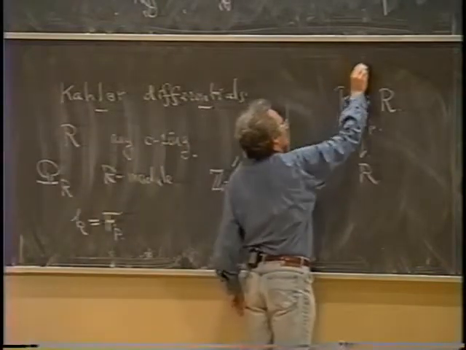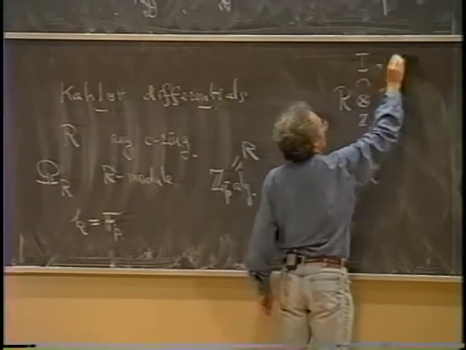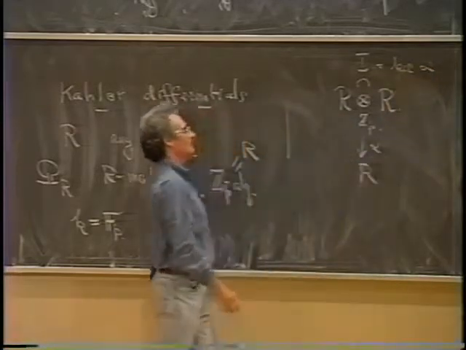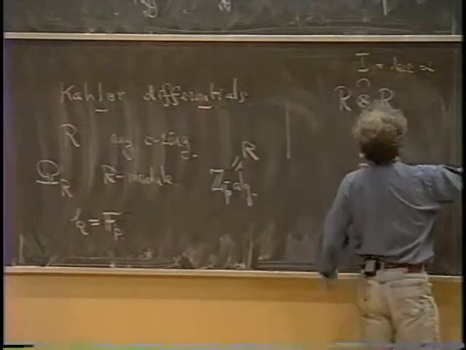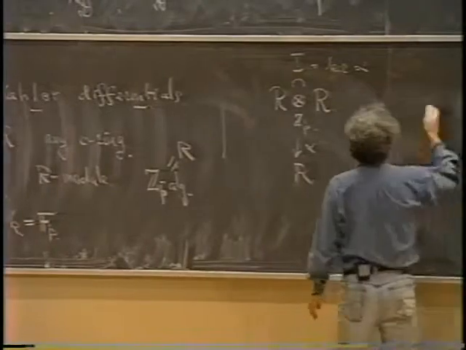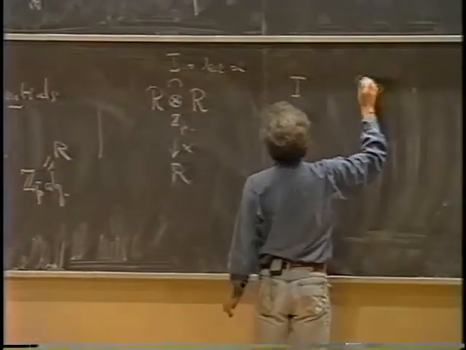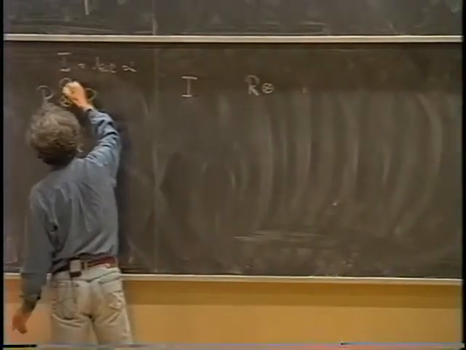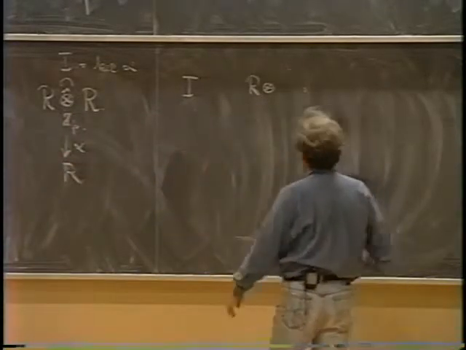We can take the kernel I, which is the kernel of this mapping. If I call the mapping alpha, this would be the kernel of alpha. And so this is the ideal defining the diagonal in the product. Now, what is I? I is quite naturally an R tensor R module. To be absolutely within my category, I should take the completed tensor product because all my rings are complete, so it hardly matters.